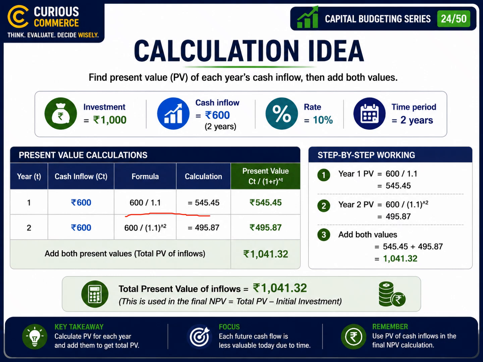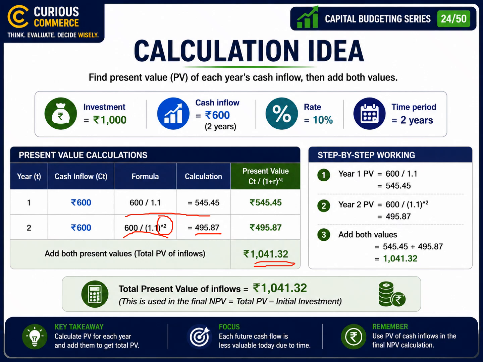And the second year 600 rupees, the present value is 600 divided by 1.1 to the power of 2, that is 495.87. Add both present values, that is 1041.32. Notice carefully, the second year has a square power, the first year has no squares at all.